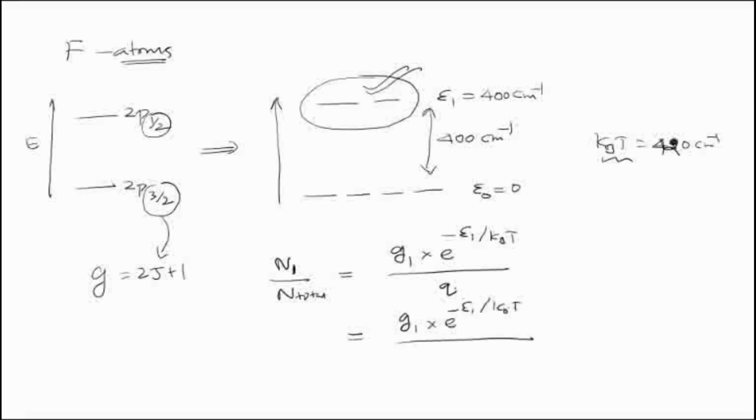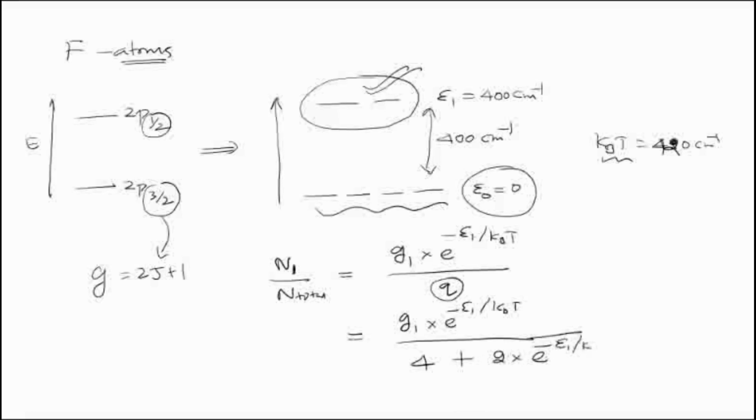And what is the partition function in this case? We have only two levels. So Q is equal to the degeneracy of the ground level, which is 4, and since the ground state energy is 0, this e power term becomes 1. Plus, then the second level, that is the next higher level, degeneracy is 2 into e power minus E1 by kBT, where E1 is the energy of the higher level.